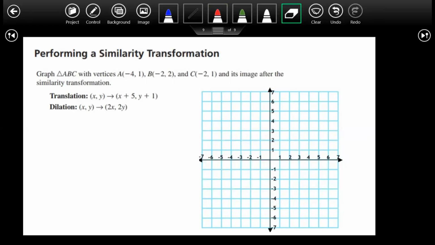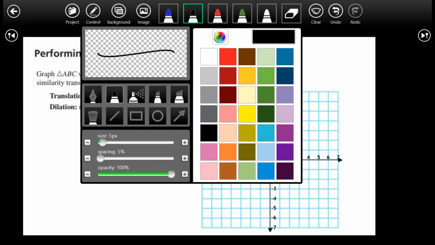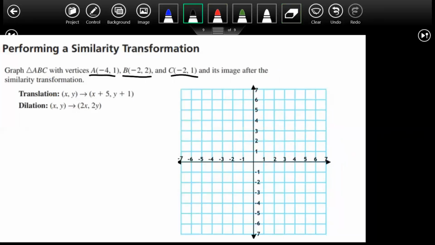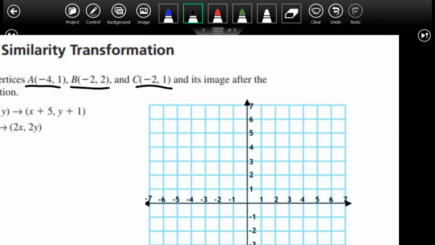First thing we got to do is I want you guys to plot A, B, and C. This is just extra practice on plotting points. That's our first step, and always going to be our first step, is we want to practice and look at where our first steps are. So I'm going to graph these A, B, and C. Tells me I'm going to go back 4, up 1.